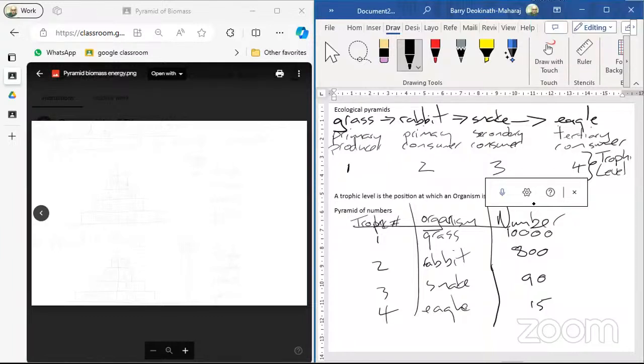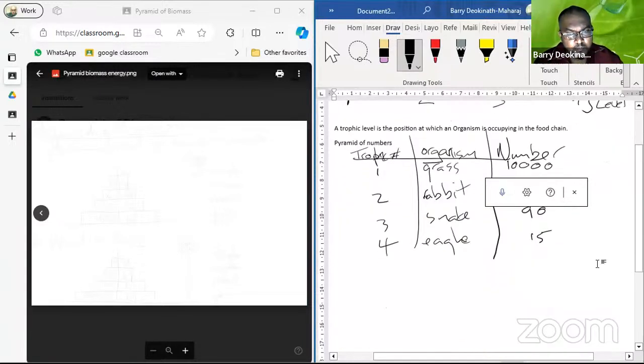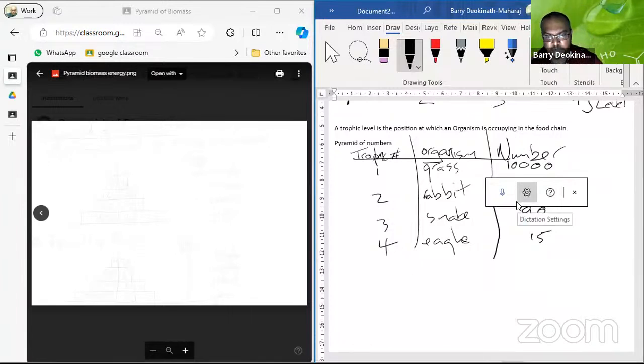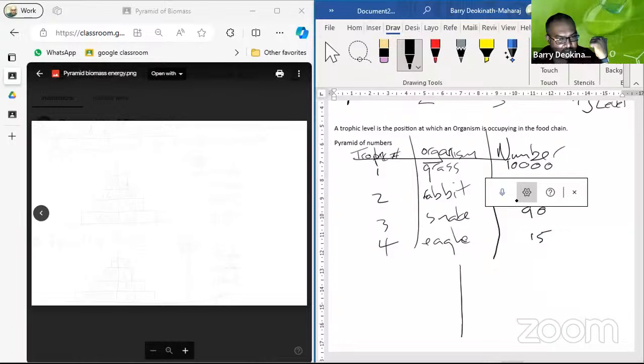No, sir. No. So this is typically what we should expect. But think about now, if we're going to represent this, and remember, you all should be able to do a graph. You all did a graph already, how to draw a graph? Yes, sir. Right?